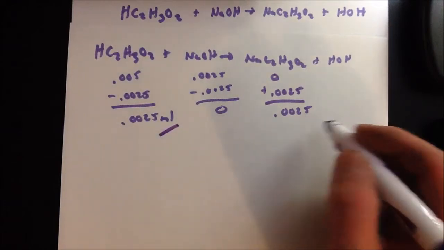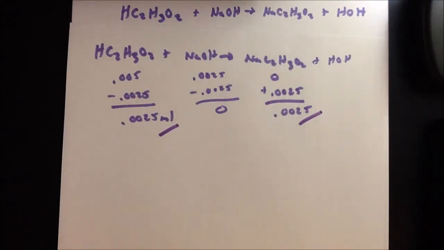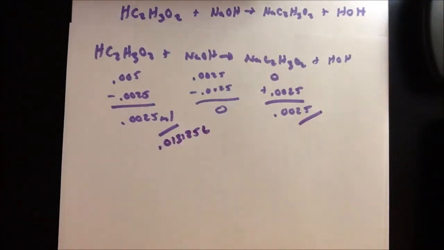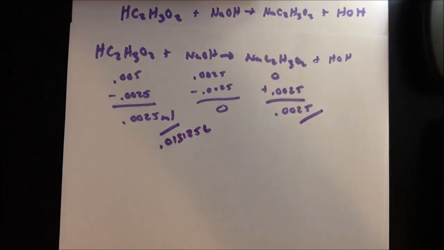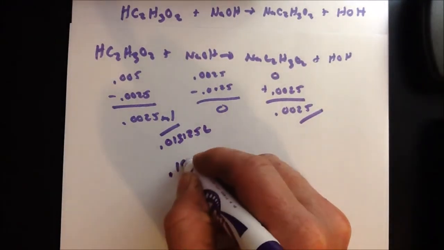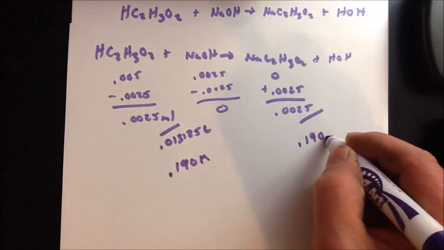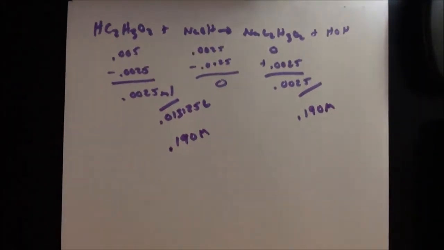Now I can go ahead and divide those by the new total volume. That total volume is 0.013125 liters. And when I divide by that value, I end up with a 0.190 molar solution, and also over here a 0.190 molar solution.